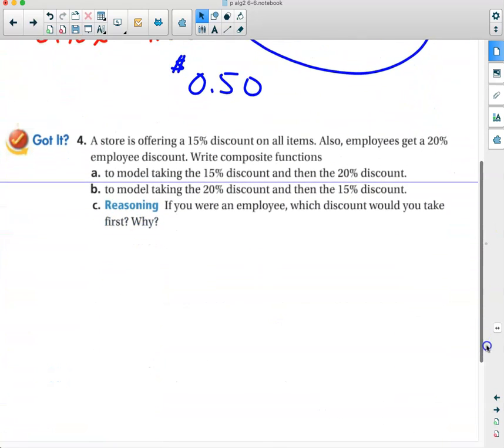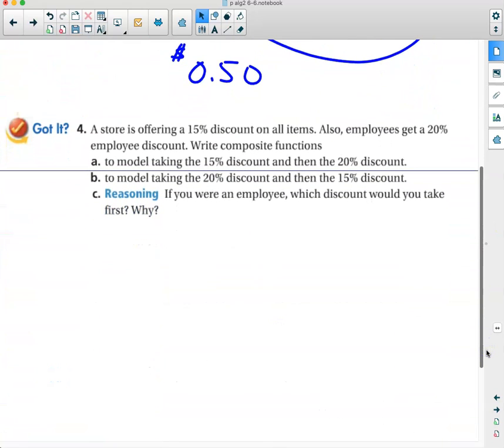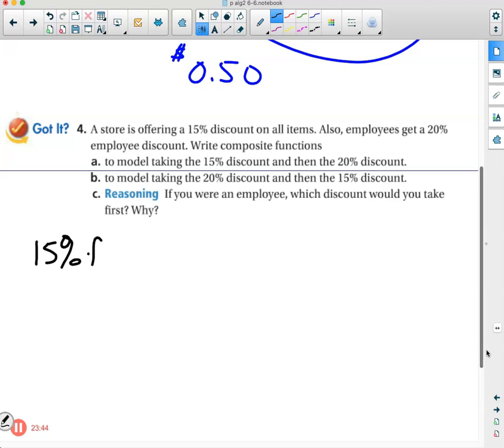Here's a better discount. A store is offering a 15% discount on all items, and all employees get a 20% employee discount. Write the composite functions. So we'll have to do 15% first, and we'll have to do 20% first.